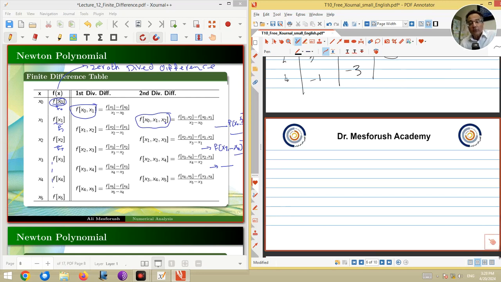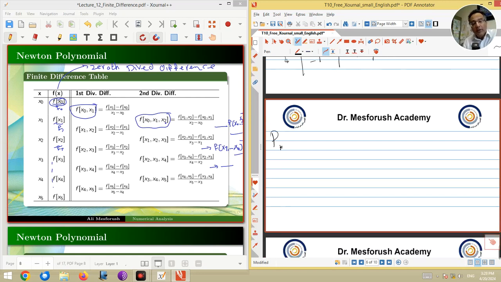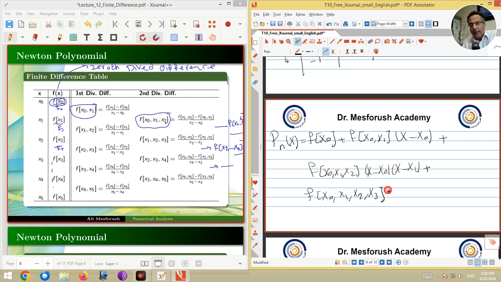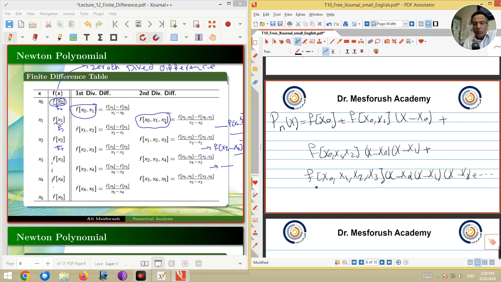Now, if you want to write the Newton interpolating polynomial, you can write Pn of x is equal to f of x0, the header of the first column, plus the header of the second column, f of x0, x1, times x minus x0, and then f of x0, x1, x2 times x minus x0 times x minus x1, and we can continue in the same way, for example f of x1, x2, x3 times x minus x0, x minus x1, x minus x2, until we arrive at f of x0 to xn, times x minus x0 up to x minus xn minus 1.